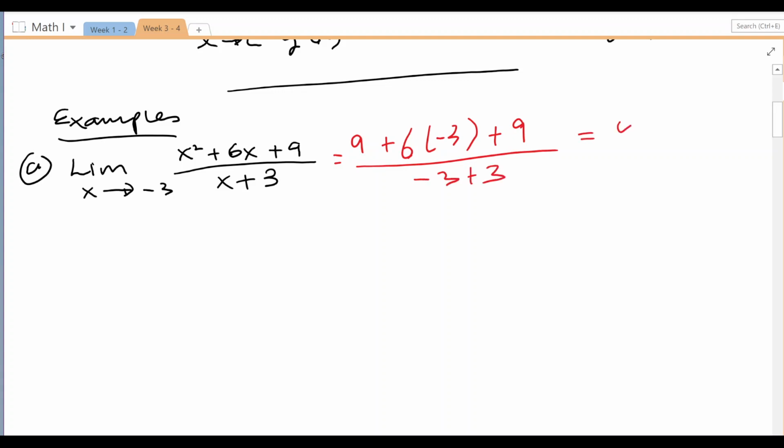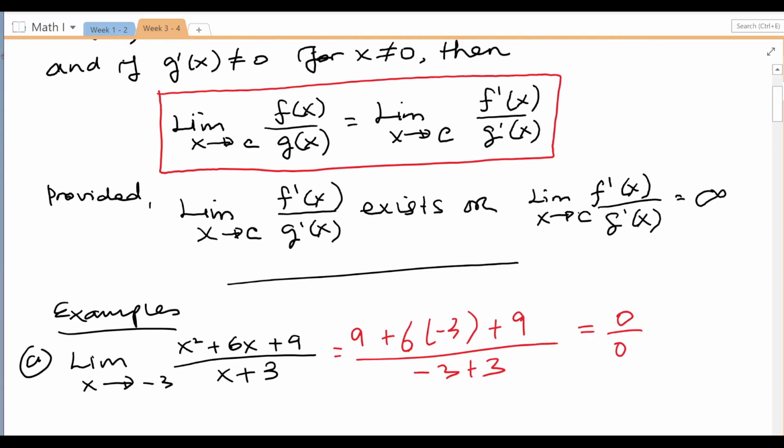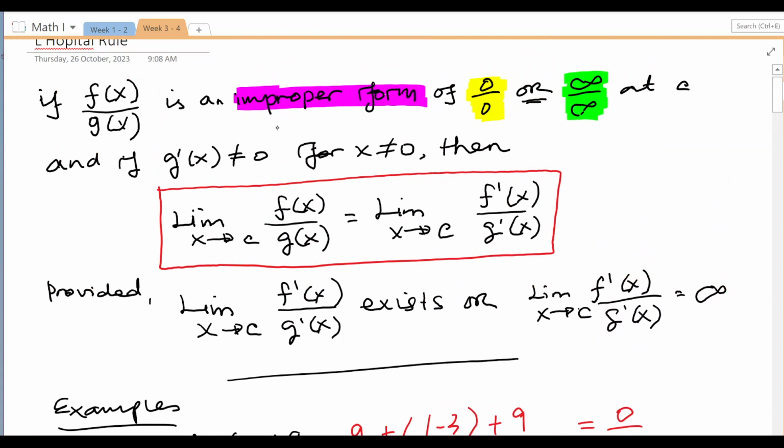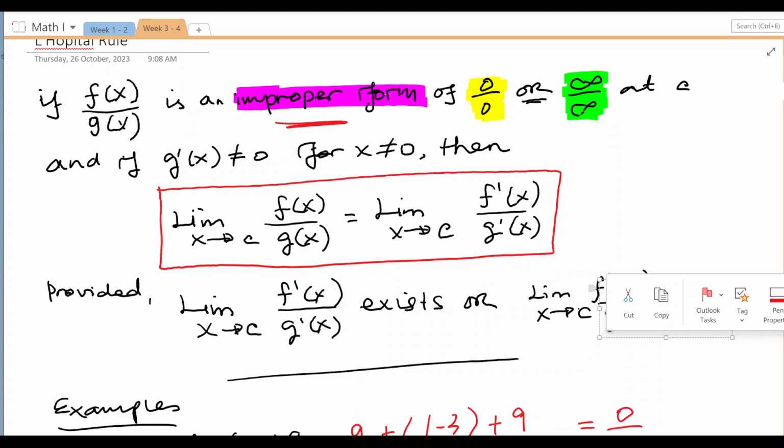So we will get 0 over 18, 0 over 0, which is an improper form that is mentioned here. An improper form of 0 over 0 or infinity over infinity.